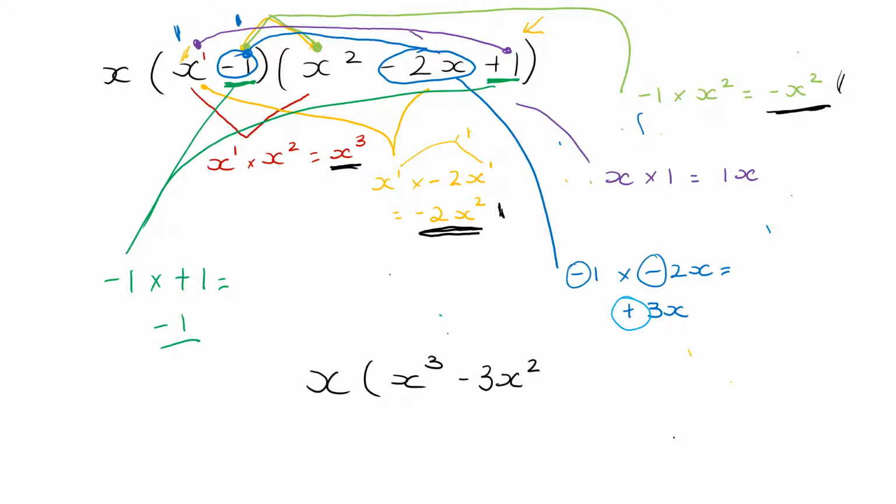And the next one we're going to do is the number with just the x. So we've got 1x here, and then we also have got, oh wait, I'm so sorry, that becomes 2x, because 1 times 2 is still 2, so that becomes 2x there, sorry. So that means 1x plus 2x equals +3x.